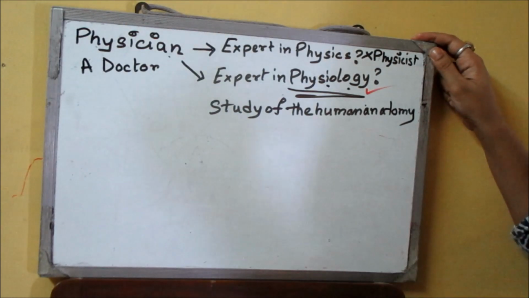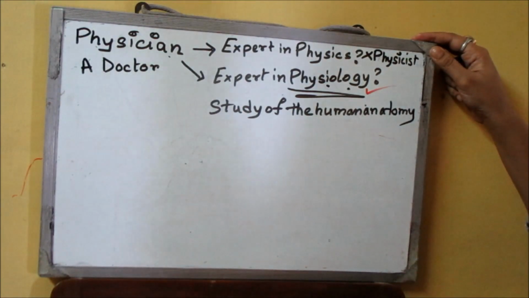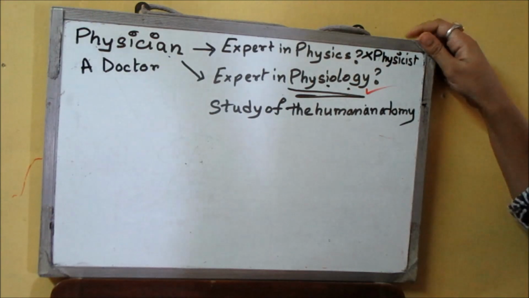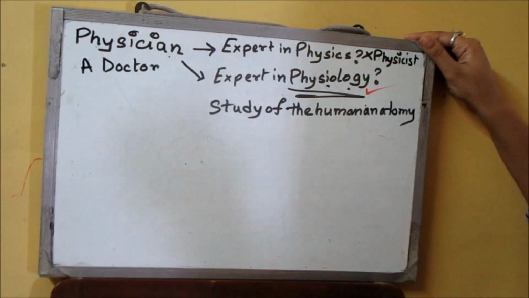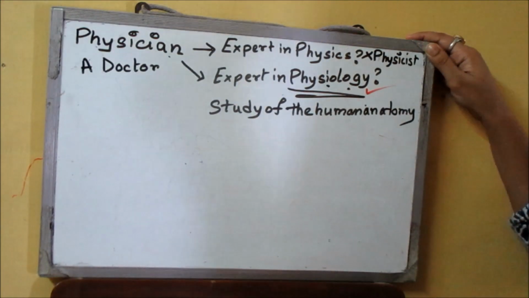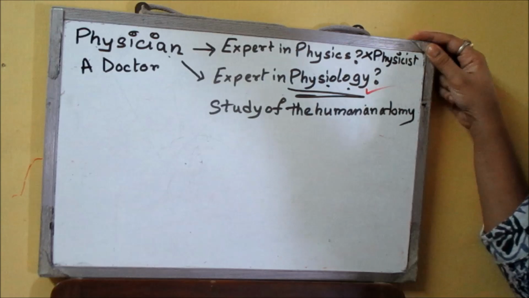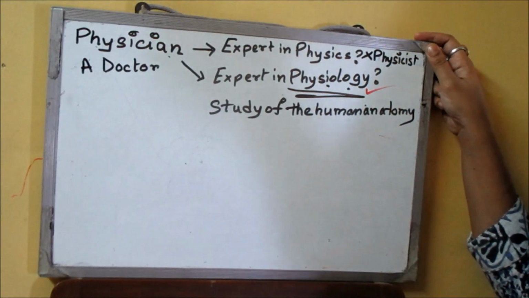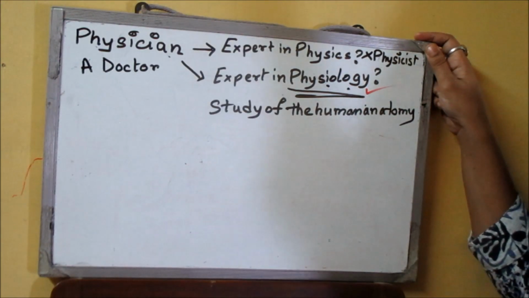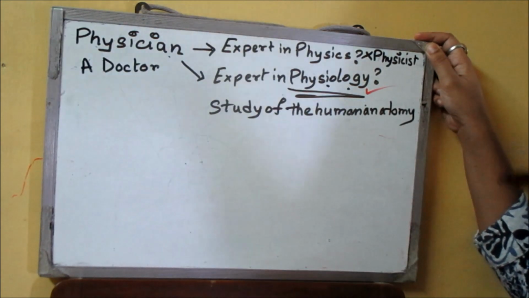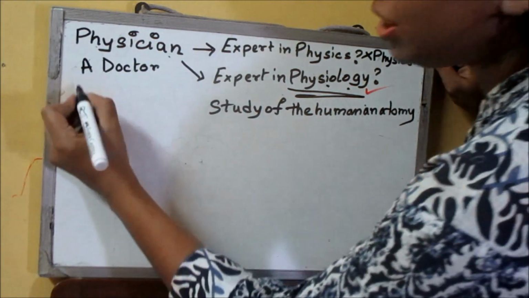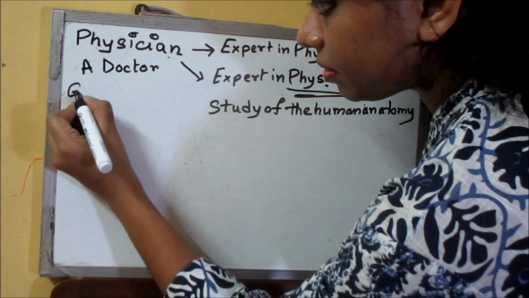Now, there are basically two main kinds of doctors that we generally go to, right? One is a general doctor, a person who we can consult for any kind of illness as a basic consultation.